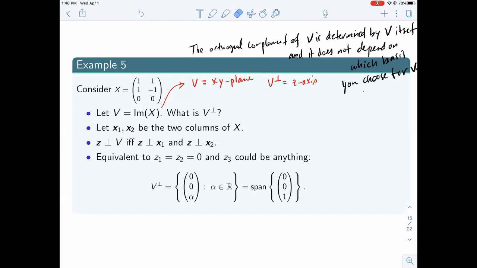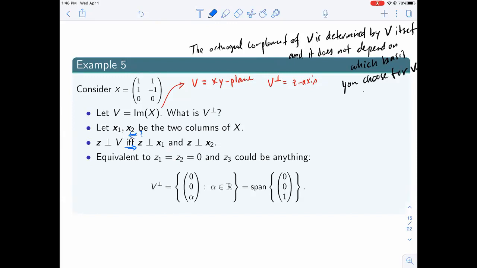So it doesn't matter, because x1 and x2 are in V. If z is orthogonal to V, then this is certainly true because x1 is in V, and x2 is in V. So the question is whether the other direction is true as well.